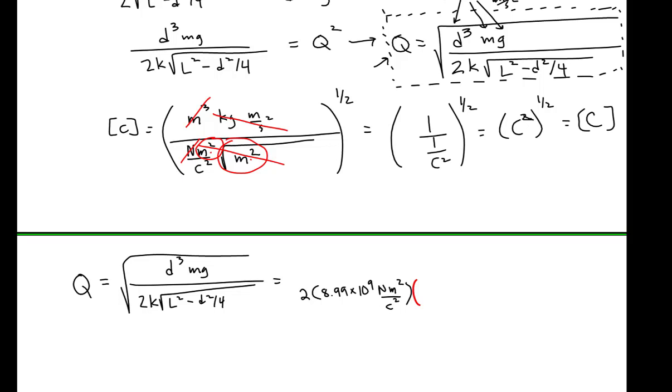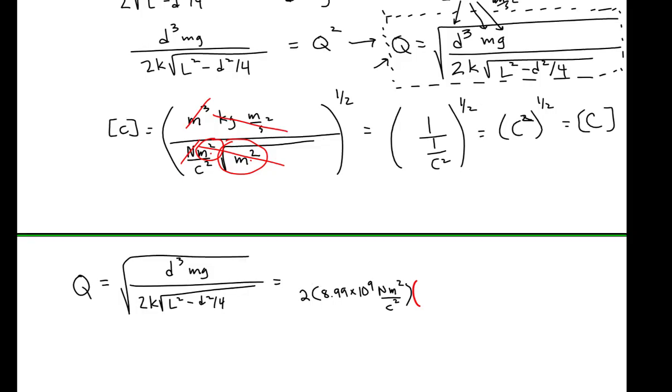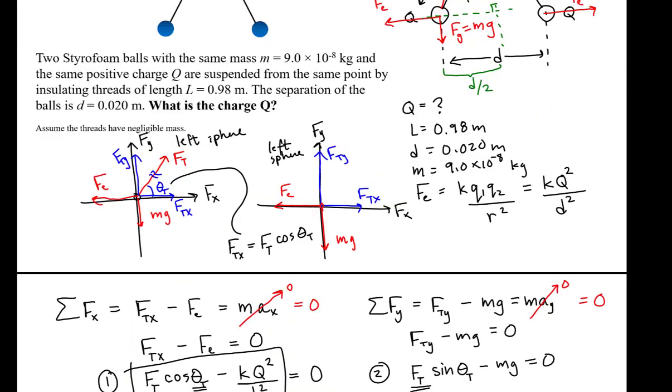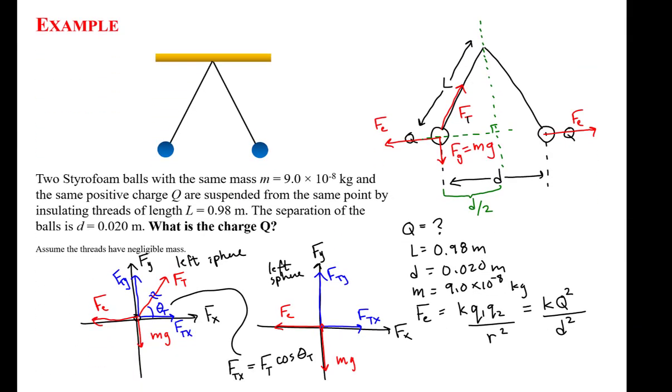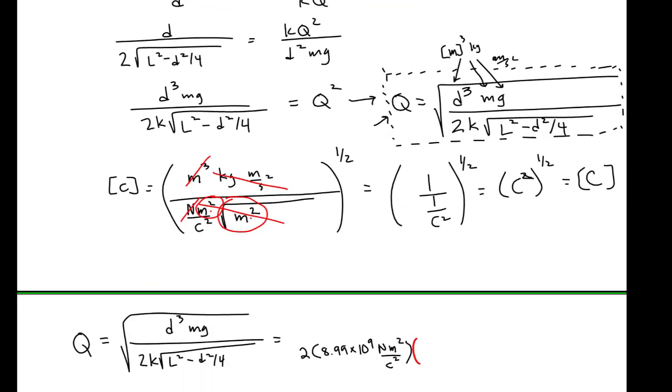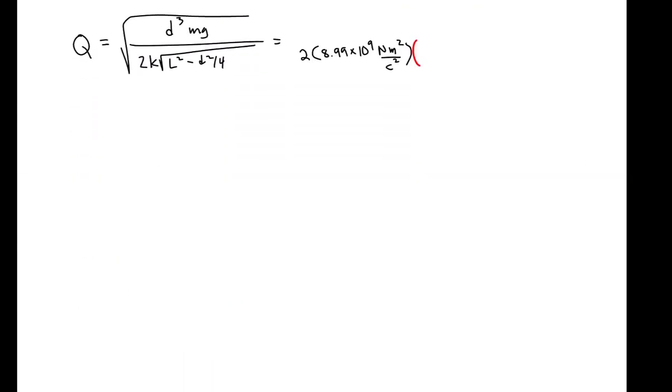So then this is now times, and that's going to be a square root, so I'll just write it as a power of 1/2, L squared. So L is the length of the string. We know the length of the string is 0.98 meters. So 0.98 meters quantity squared minus the distance between the charges.